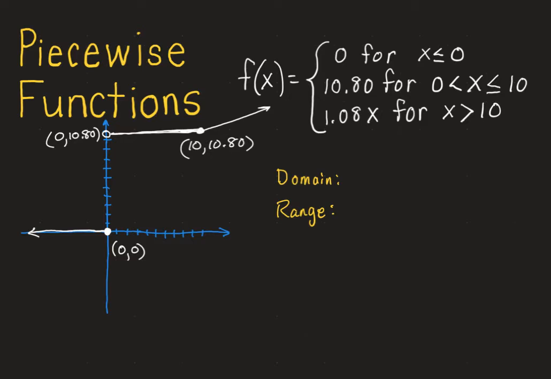Let's talk about the domain and range for this piecewise function. Okay, and this is just one piecewise function. All three of those pieces define one function, f of x.